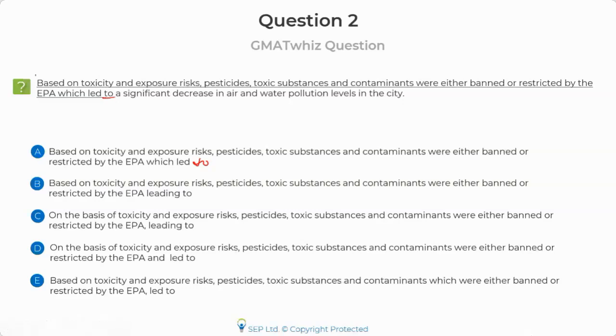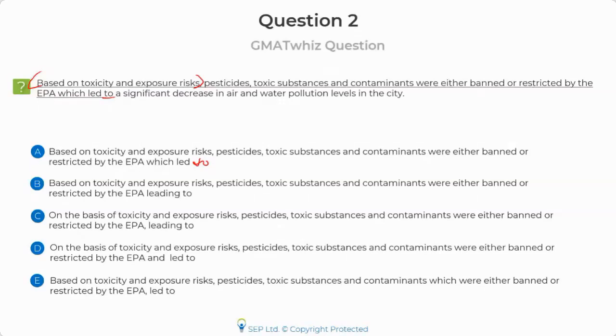Based on toxicity, what is it modifying? I'll give you 20 seconds to type your answer. Arindam says pesticide. Let's see the others. What is that phrase starting with based on toxicity and exposure risks modifying?